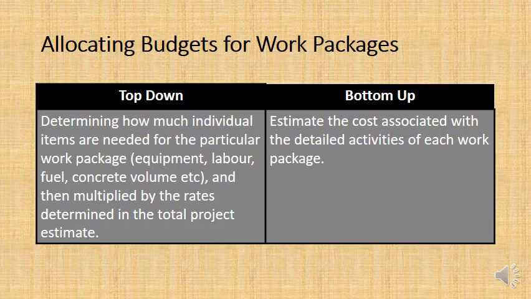Now, to use a crane, you've got a rate that you've determined for the total project estimate, and that is that to use the crane with a crane worker and a crane operator and everything else, that's basically $250 per hour.